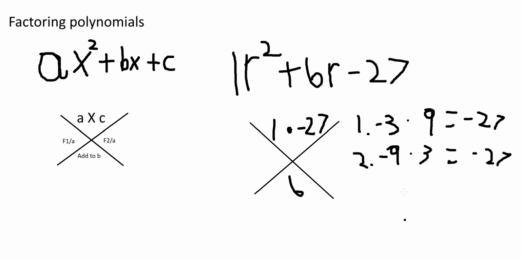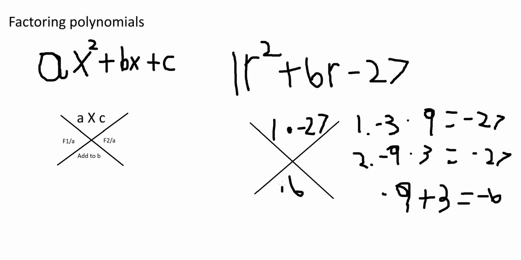Now, we see that these two both multiply into negative 27, correct? But we also need to make sure that they add up to 6. So using this, we will be like, okay, what is negative 9 plus 3? That is negative 6.